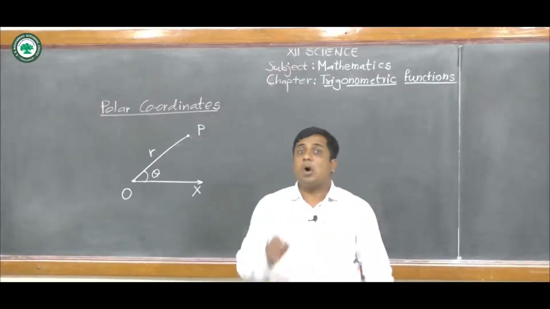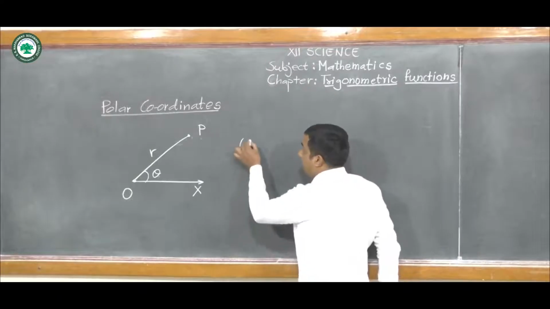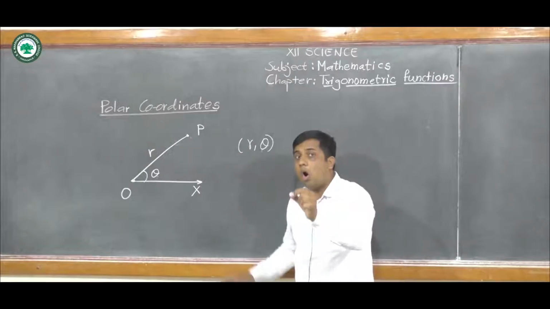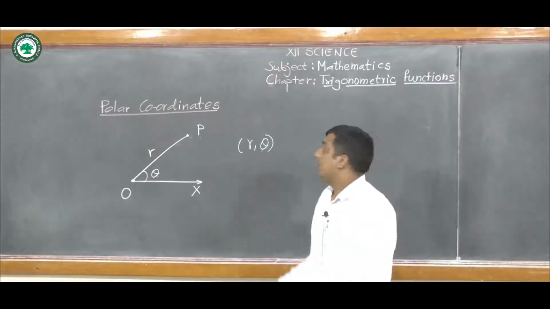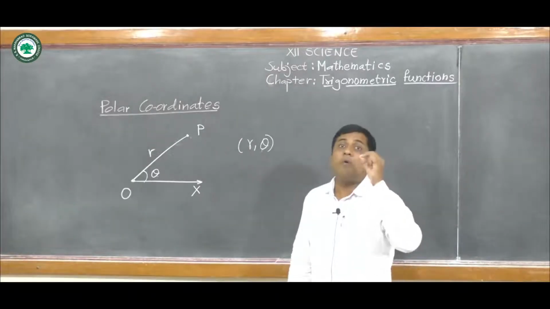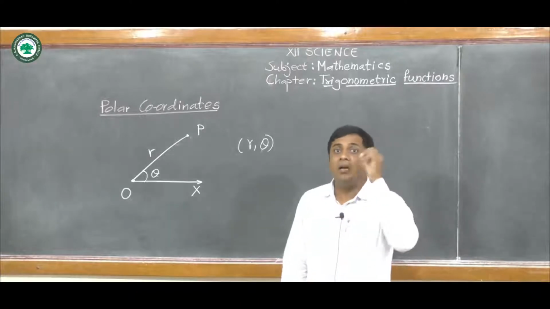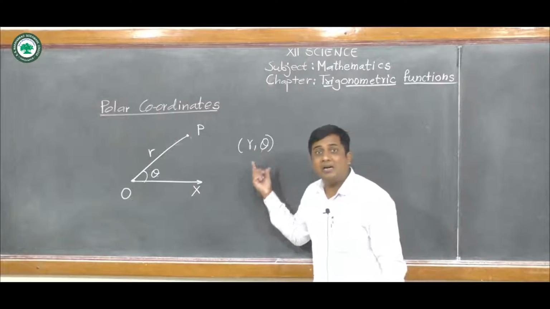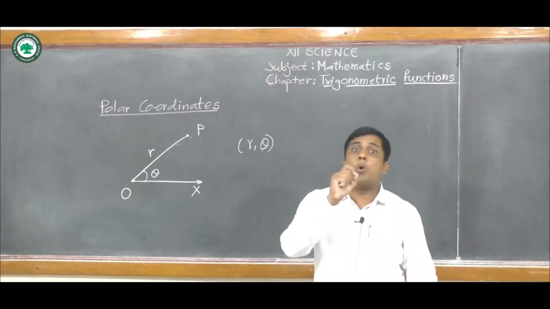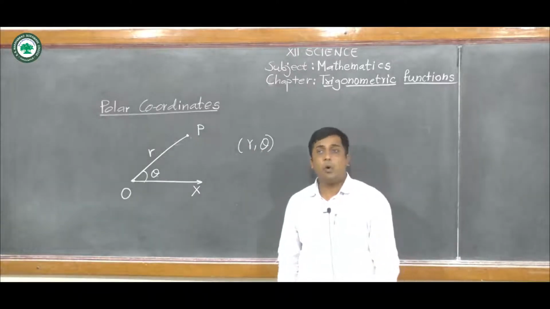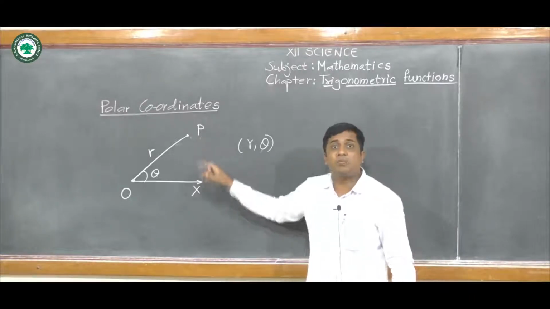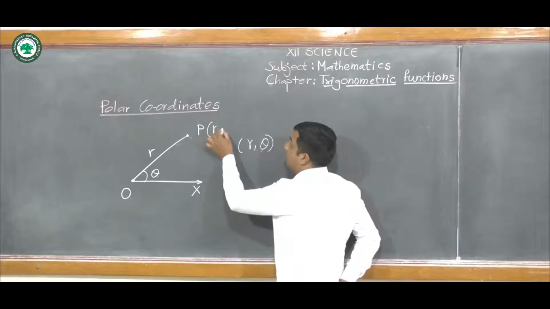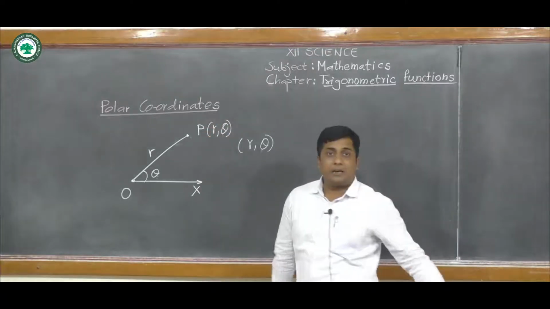Then here the ordered pair is R, theta. Here this R is called the radius vector and theta is the vectorial angle, and the ordered pair of the radius vector and the vectorial angle is called the polar coordinate. So point P has polar coordinates P of R, theta.